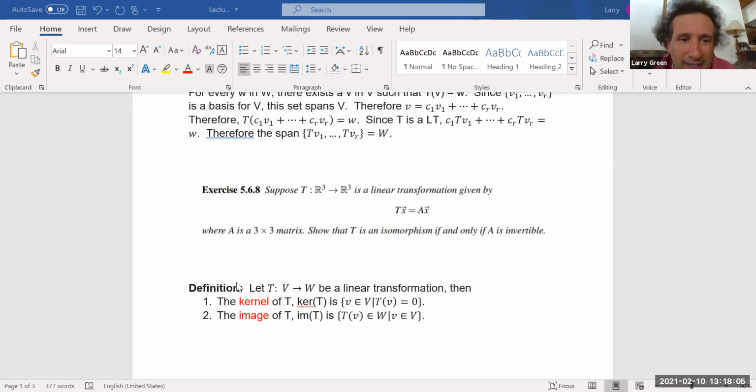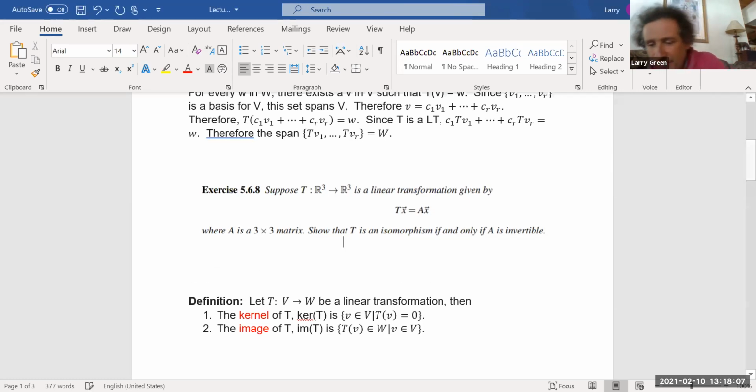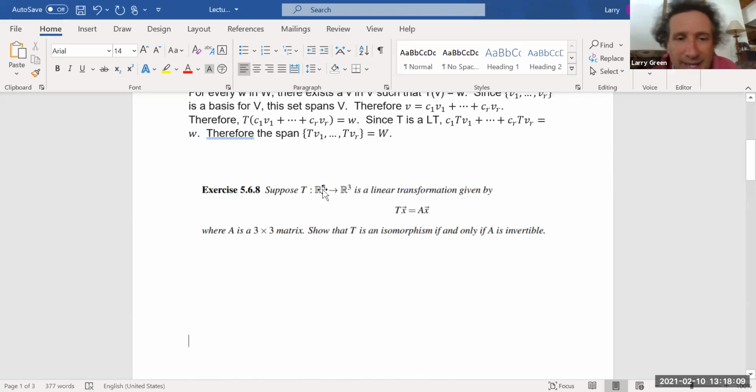It says, let's suppose that T is a linear transformation that goes from R3 to R3, given by T of X equals AX, where A is a 3 by 3 matrix. Show that T is an isomorphism if and only if A is invertible.